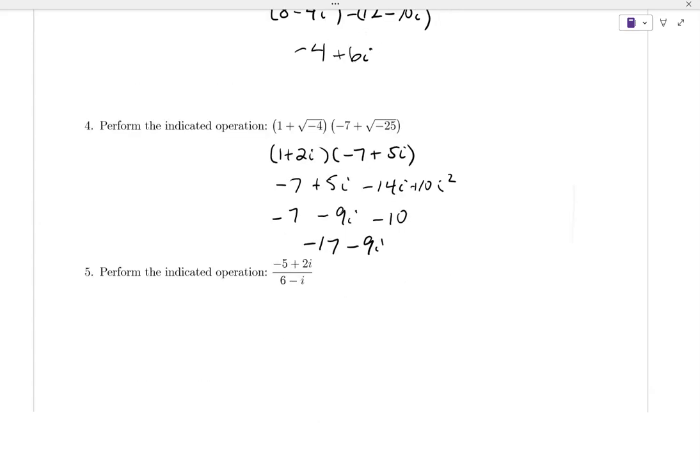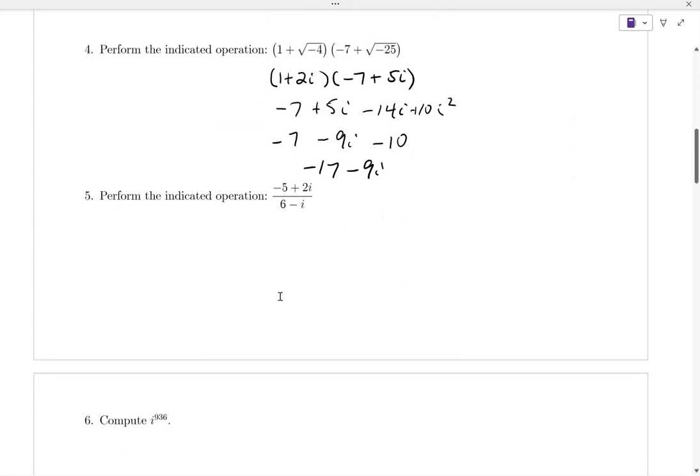Let's look at this number 5 here. Remember when we want to divide, what do we have to do? We want to divide by a complex number, what do we have to do? Good. So yeah, we do the conjugate, right?